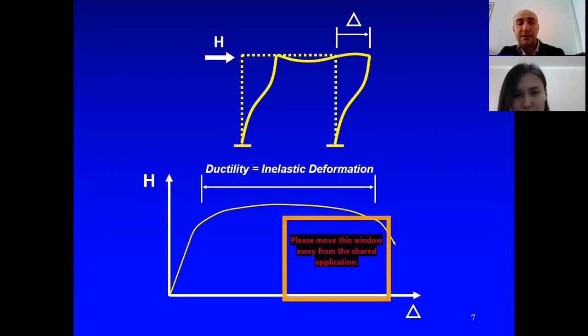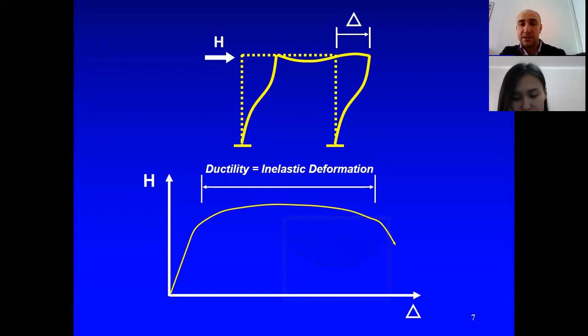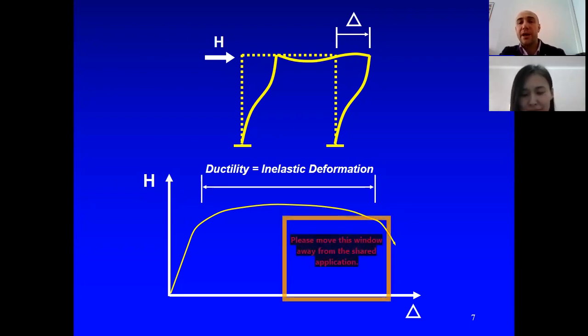So we can say that ductility is an inelastic deformation capacity. When the ductility of the building is at a higher level, the building will show good results while being in the inelastic stage, but without any huge and significant deformations, without any losses of stability, without any collapses.